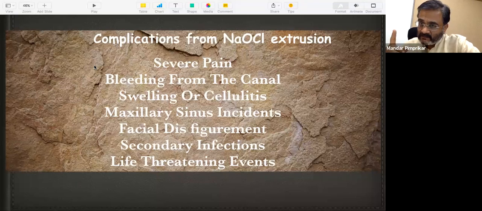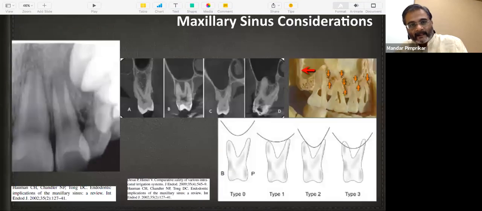Now, clinically important things. There are 2 points which I want to convey here. That is maxillary sinus considerations. If you look at the facial vein structure, the anterior facial vein, most of the time, communicates at the lateral incisor level.